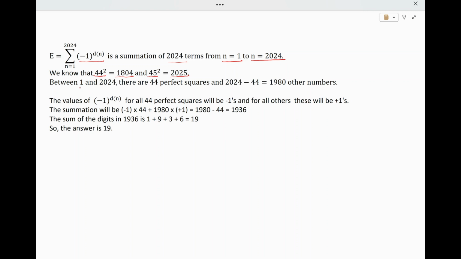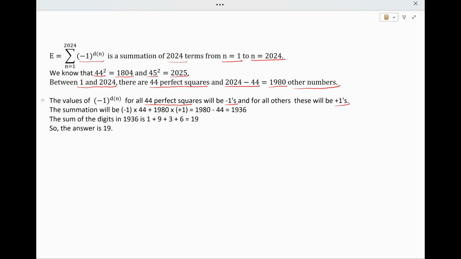Therefore, between 1 and 2024, there are 44 perfect squares, and 2024 minus 44, that is 1980 other numbers. The values of (-1) raised to the power of dn for all the perfect squares will be -1s, and for all other numbers these will be +1s.